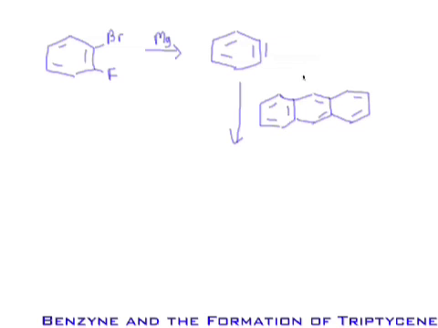Right here, this pi group could attack here and here, where this is our diene. This would retain aromaticity on the other rings.